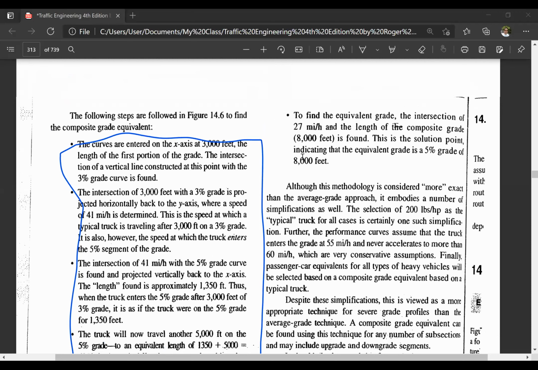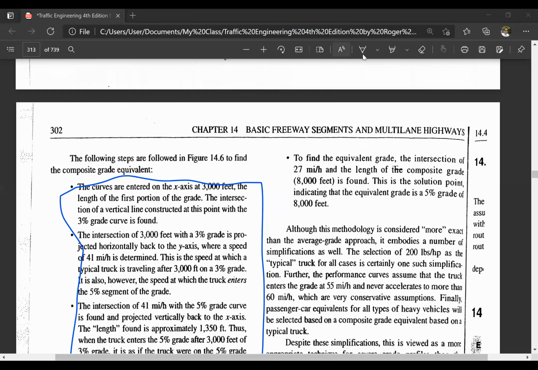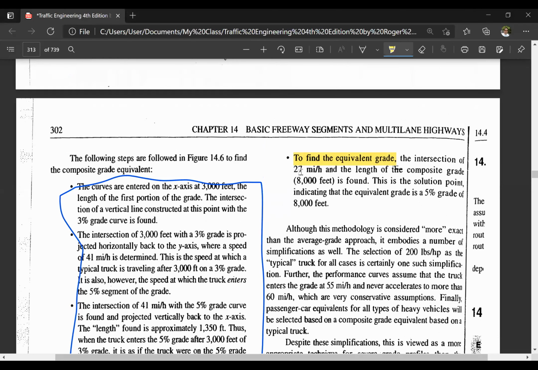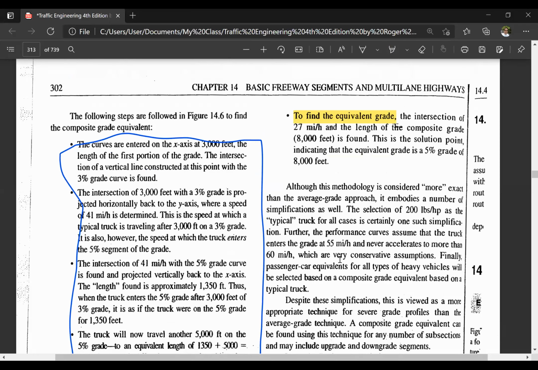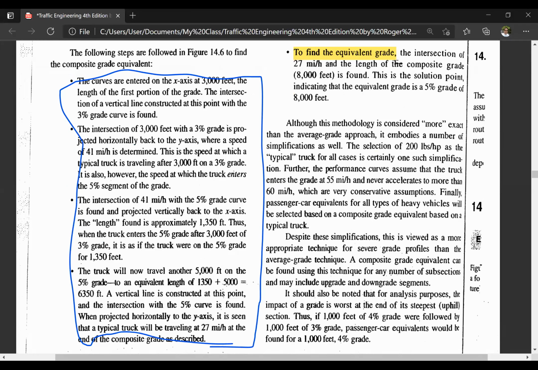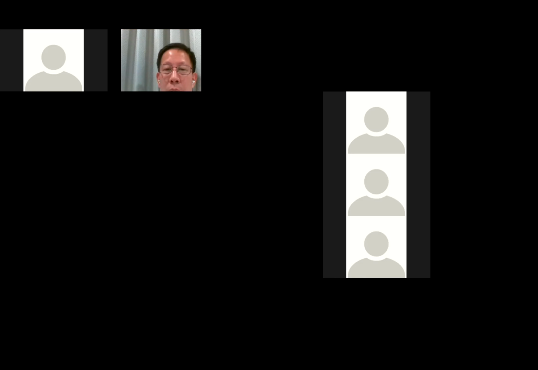To find the equivalent grade, the intersection of 27 miles per hour and the length of the composite grade is found. This is the solution point indicating the equivalent grade is a 5% grade. So, come back here. Why is it 5%?